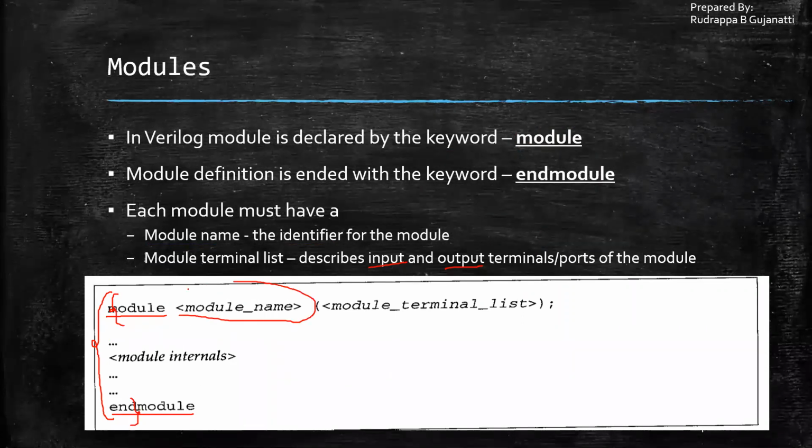Then we give an identifier which acts as the module name and will be used later for creating instances. Next, we have the module terminal list, which will be either input port, output port, or inout port. And then the internals will be the logical implementation, whether you want to implement it at gate level.